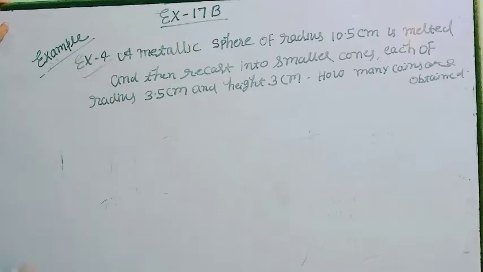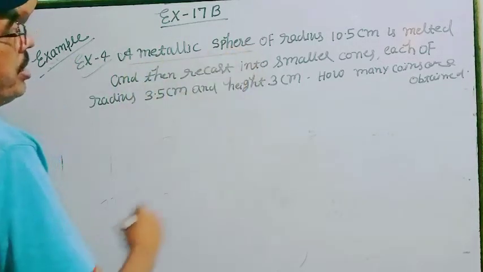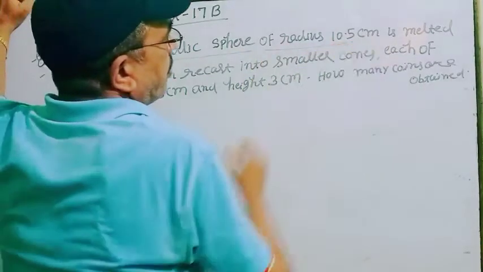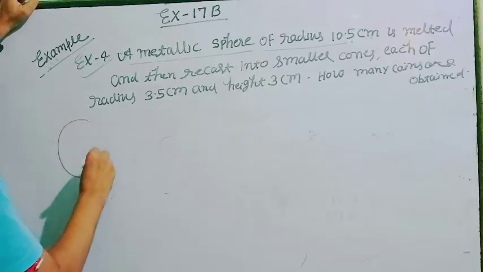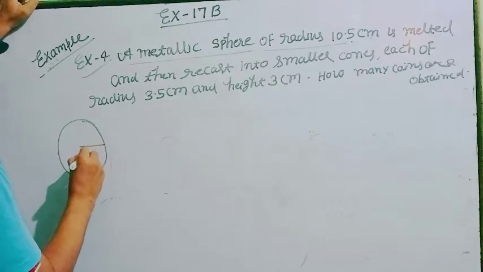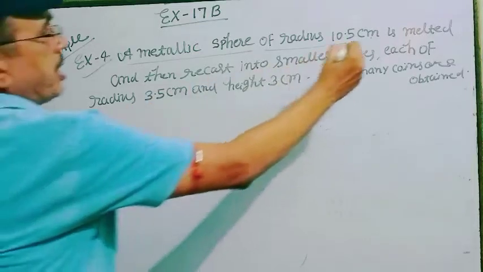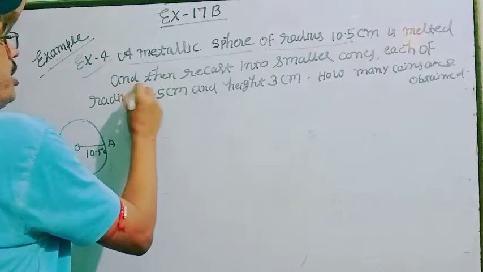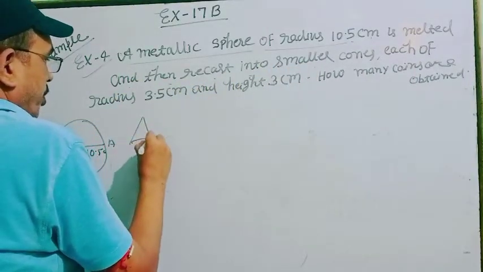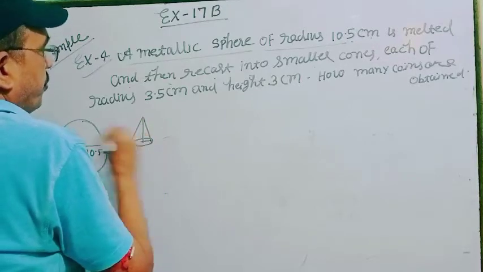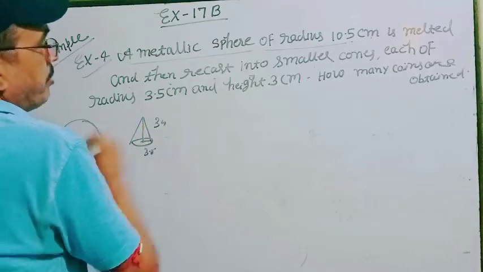Similarly, example 4, like example 2. A metallic sphere of radius 10.5 cm is melted and then recast into smaller cones whose radius is 3.5 cm and height is 3 cm.